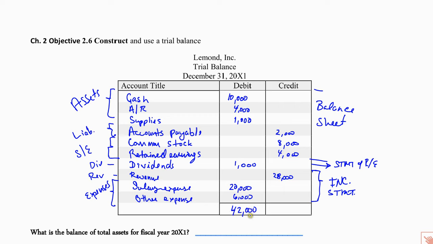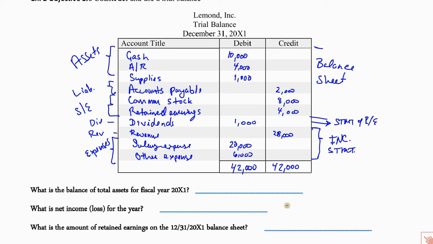So the trial balance, we're going to make sure everything balances, because if it doesn't, we got to go find the mistake. 2 and 8 is 10 and 14, plus 28 is 42,000. So we know our debits equal our credits. And now we can use this information. We're not going to create the whole financial statements here, but we could easily.